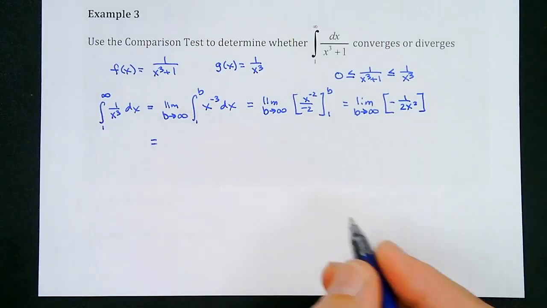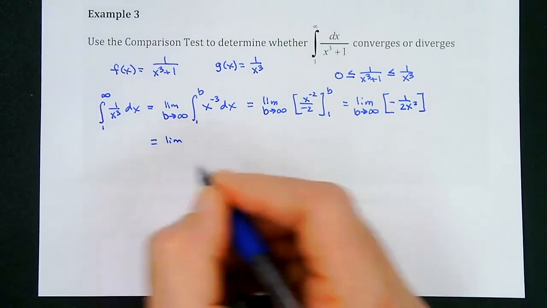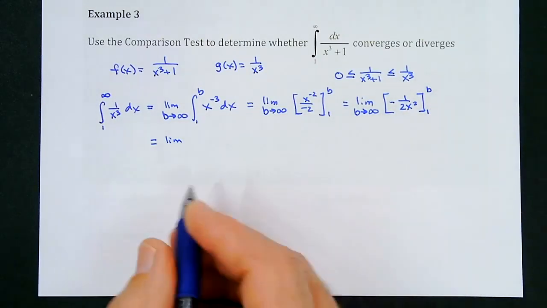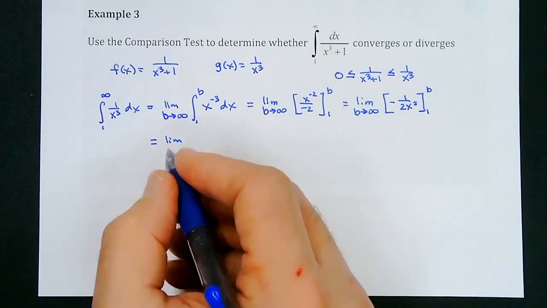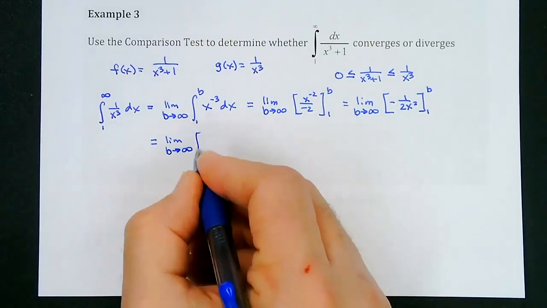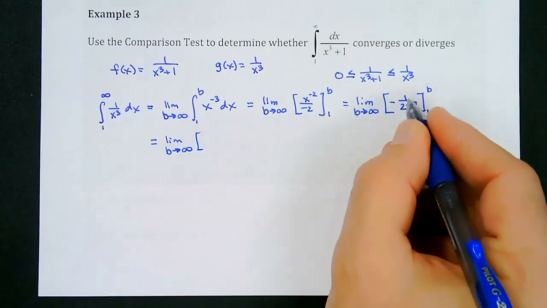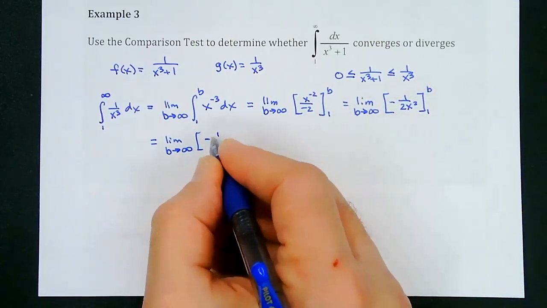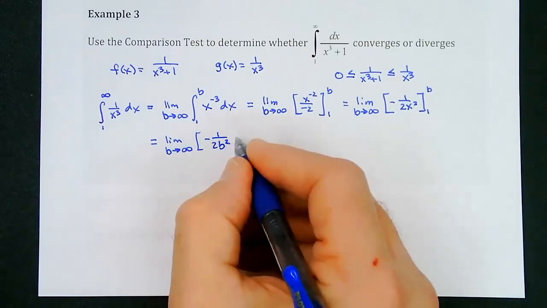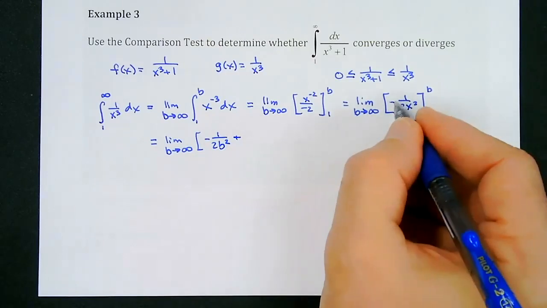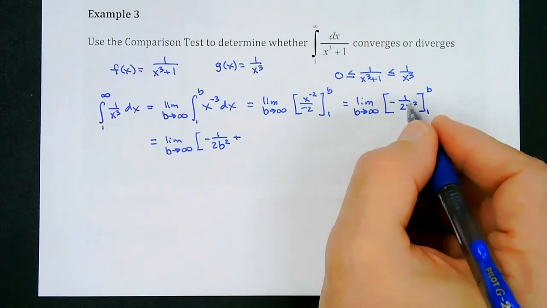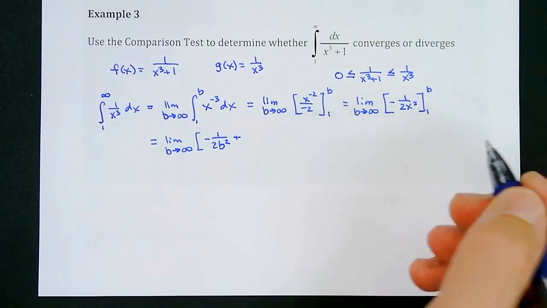So this is equal to, again, the limit, and I forgot to put the limits of evaluation: we evaluate from 1 to b, as b approaches infinity. Putting b in, it's negative 1 over 2b squared, and then plus, because we subtract a negative, 1 over 2.